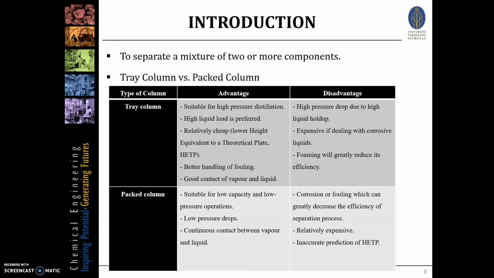From there, it is clearly seen that tray column is the better choice that suits the process in this project. This is because it is more suitable for high pressure and high liquid load distillation. Besides that, it is relatively cheap compared to packed column and has better handling of fouling as well as good contact of vapor and liquid.